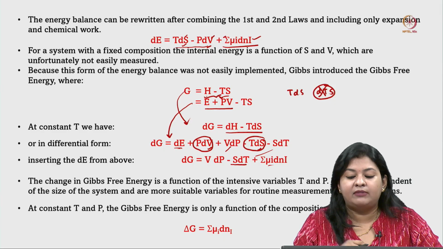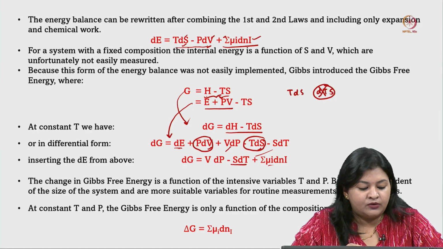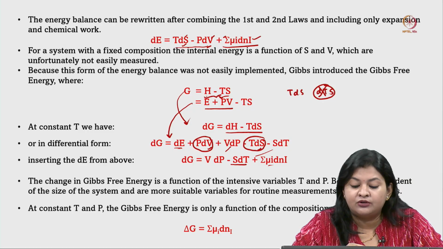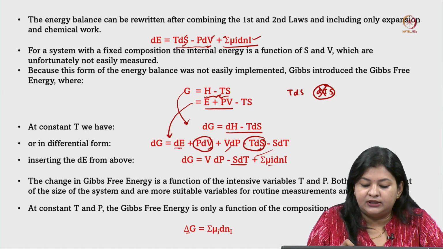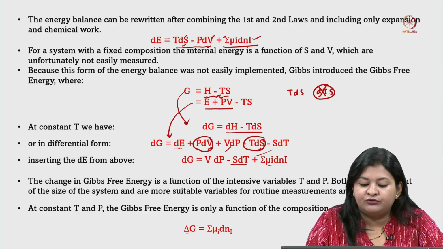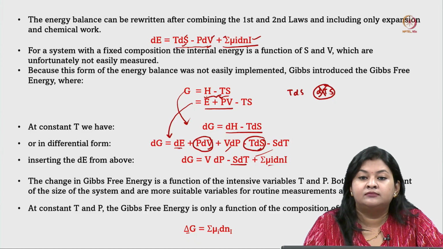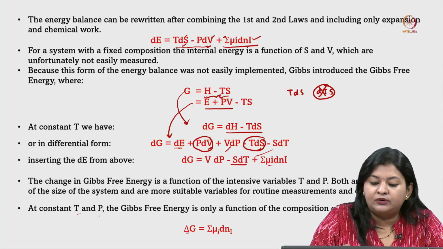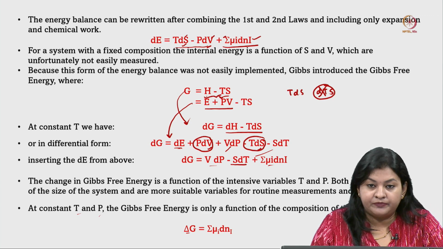So, at a constant temperature and pressure, free energy is only a function of the composition of the system, that is dG is equal to summation of mu i into dNi. At constant temperature and pressure, both these terms become 0.